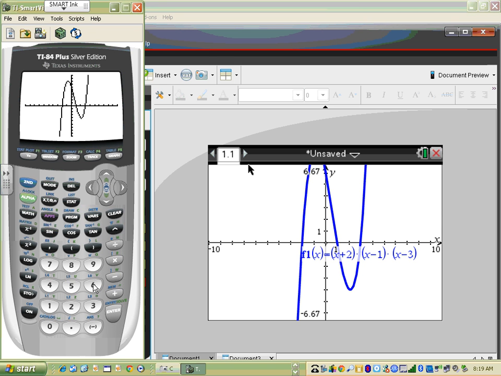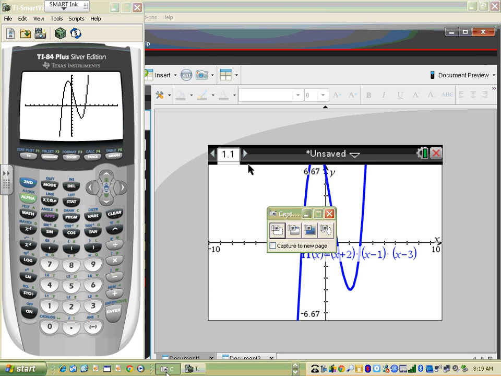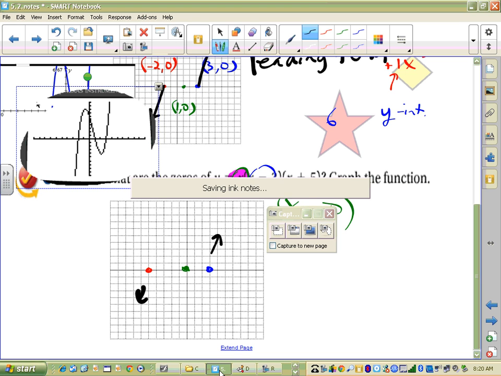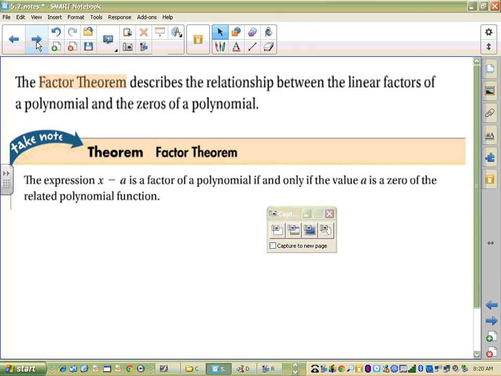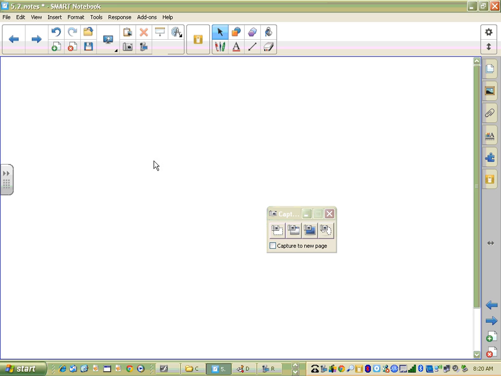Okay, so on the 84, if I want to find the local maximum, it's a little different than doing this on the Inspire. But we can still get there. Let me go ahead and cut that out and put it on a new page. Cut. Paste. Here we go.